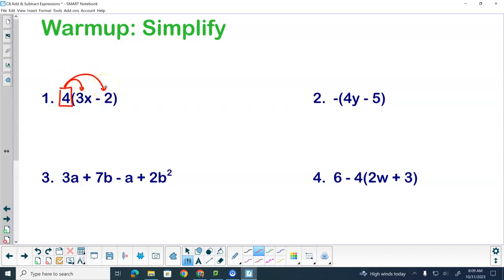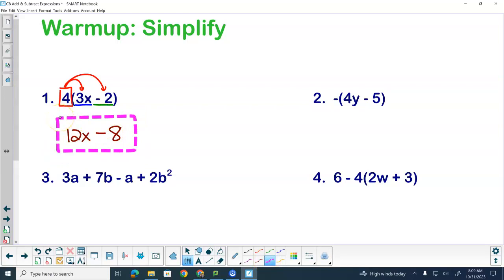Okay? 4 times 3x, 12x. 4 times -2, -8. Can those 2 be combined? No. Okay, so then that's it, right? Okay.